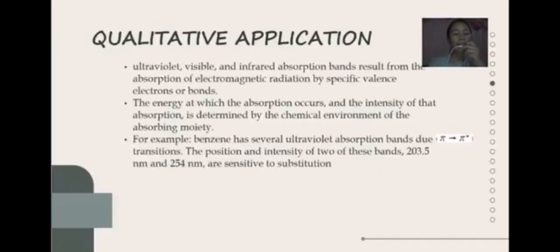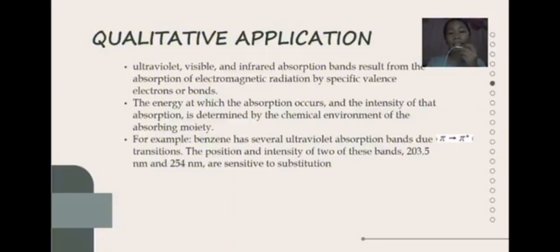Now for the qualitative application of UV-Vis. Under molecular spectroscopy, the ultraviolet, visible, and infrared absorption bands result from the absorption of electromagnetic radiation by specific valence electrons or bonds. UV-Vis spectroscopy is an analytical tool that allows us to determine the purity of the analyte, and it does not undergo decomposition.